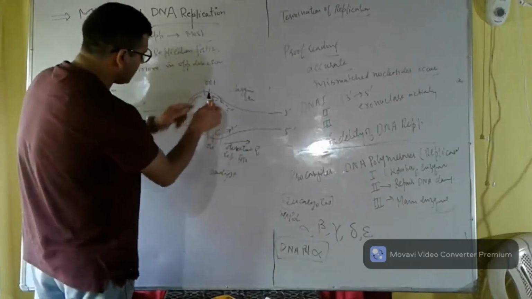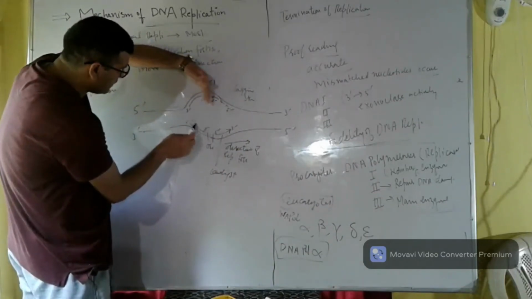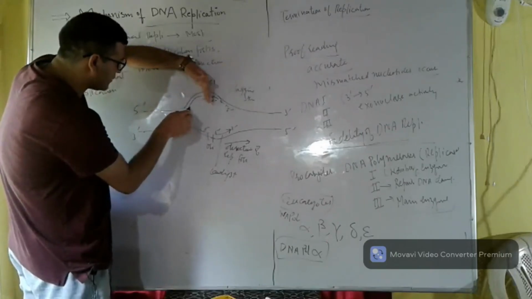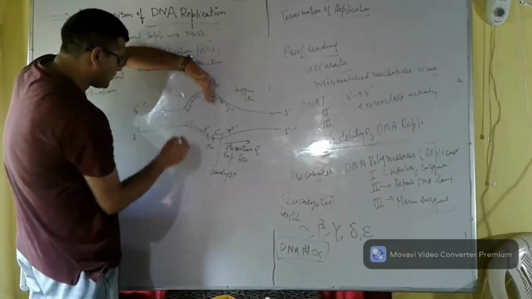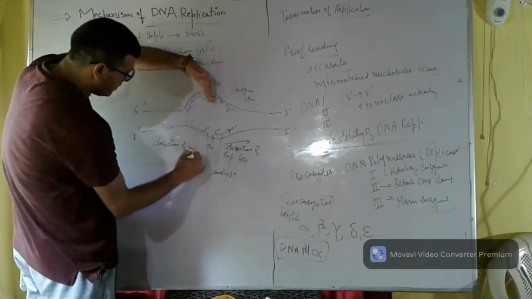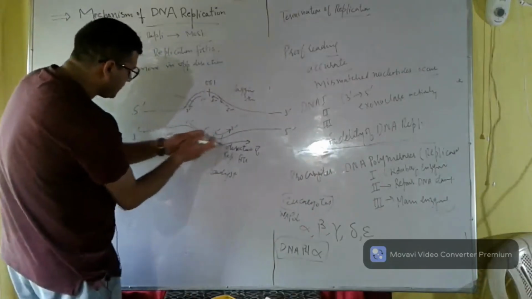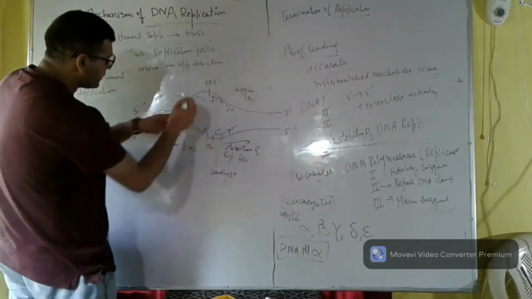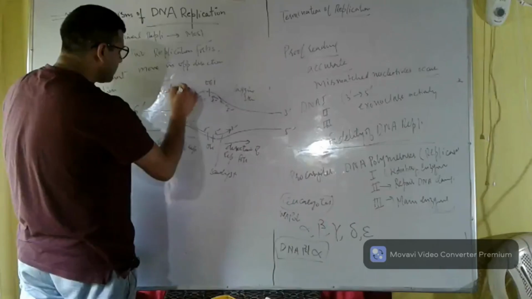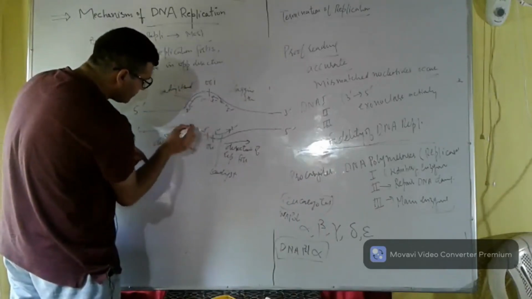Then consider another origin of replication. One strand is synthesized in the 5' to 3' direction, in the direction of replication. That is the leading strand, and the other is the lagging strand.